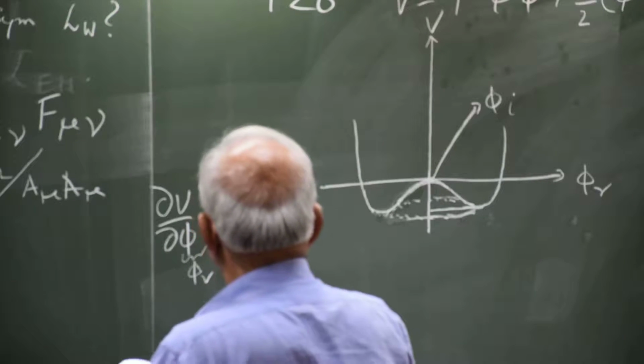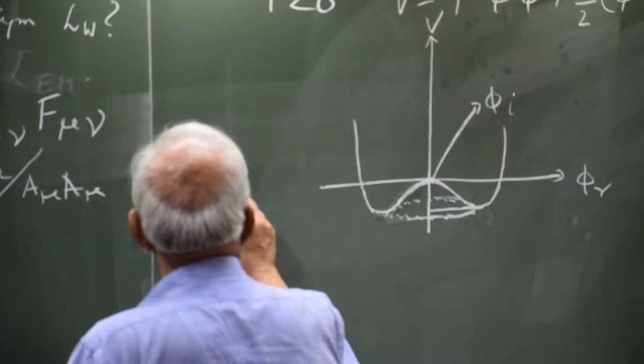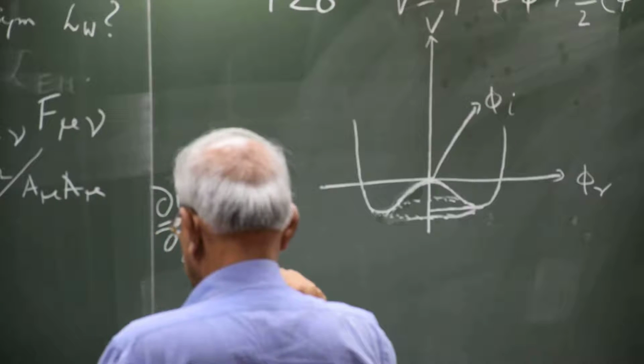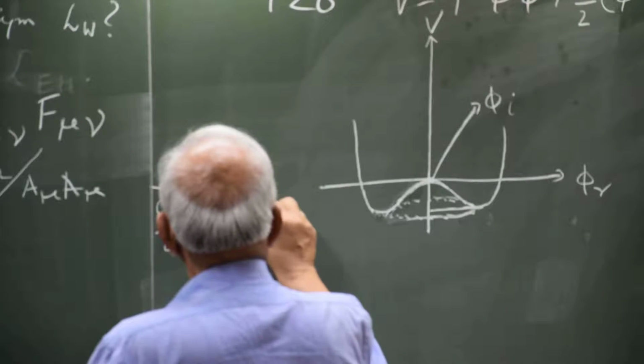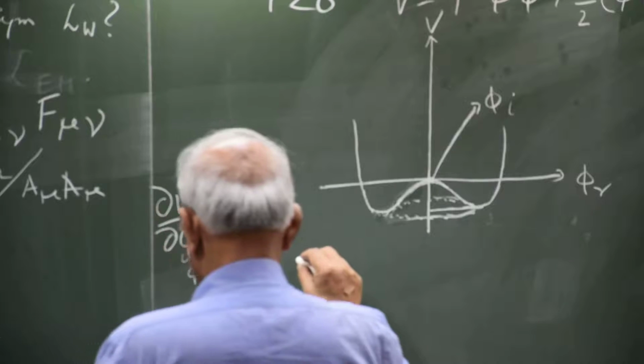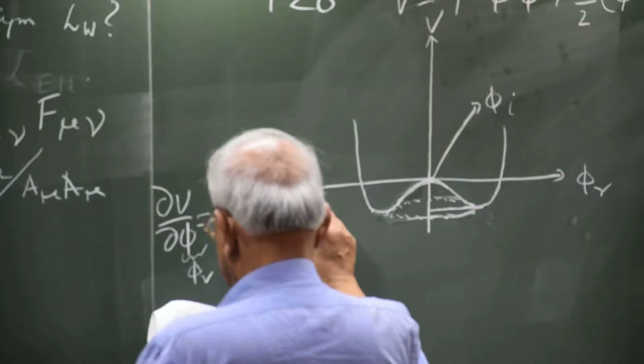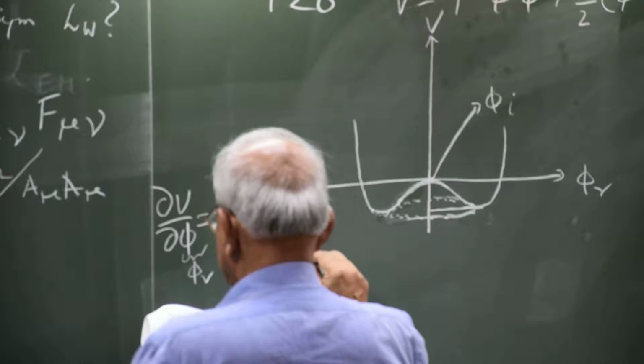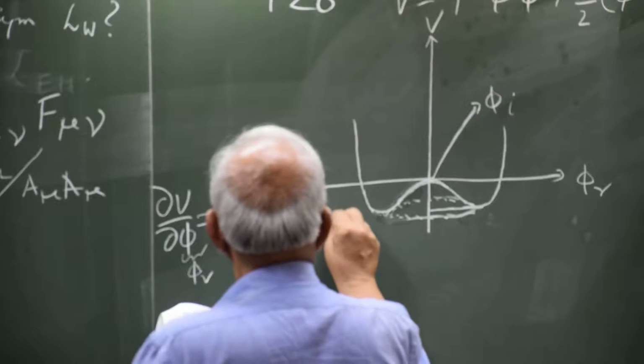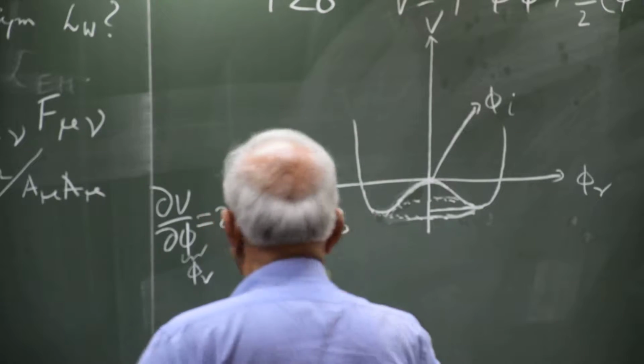So I will have twice mu square phi plus twice lambda phi cube equal to 0.